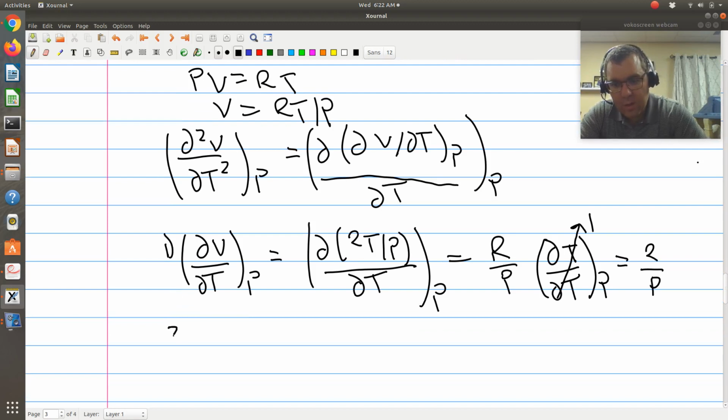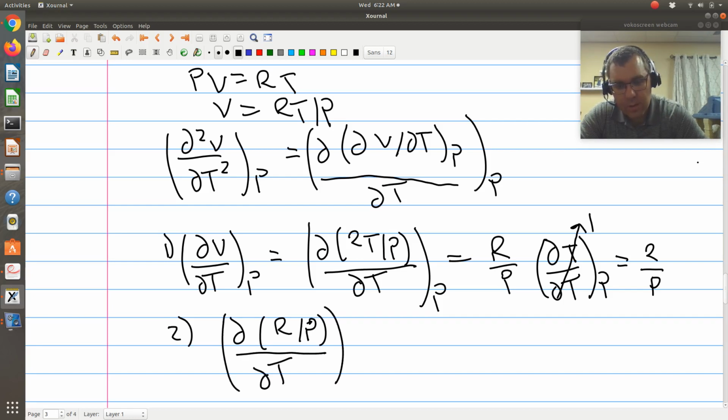So in the next step, I want to differentiate that result with respect to T at constant P. So that's going to be the derivative of R over P with respect to T, holding P constant. Well, P is constant, R is constant, so this is just the derivative of a constant with respect to T. The derivative of a constant is 0.